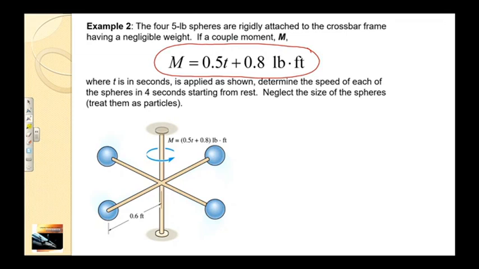And my 0.8 goes to 0.8 t. That's evaluated at 4 and 0. And this comes out to 7.2. Well, this was my moment. And it was given to us in foot-pounds. So, foot-pounds integrated with time, foot-pound seconds.